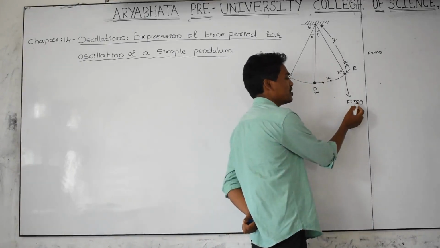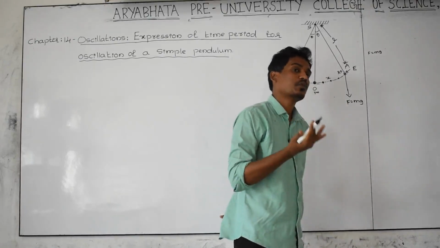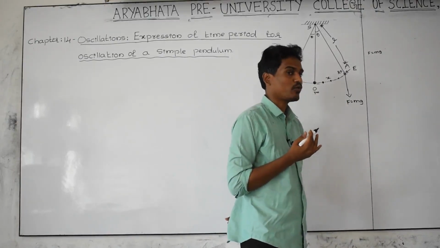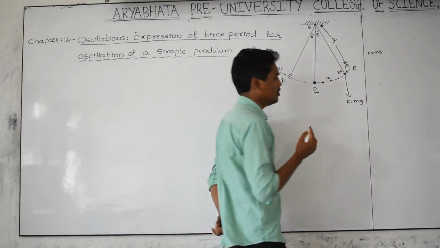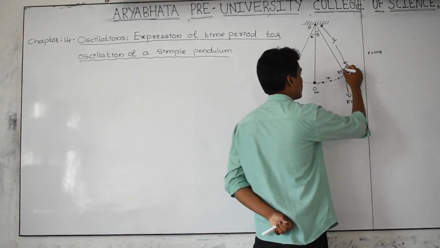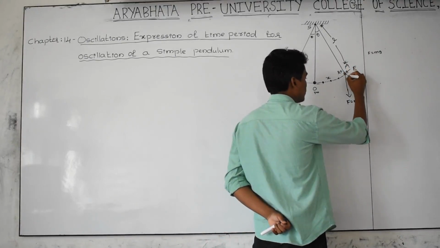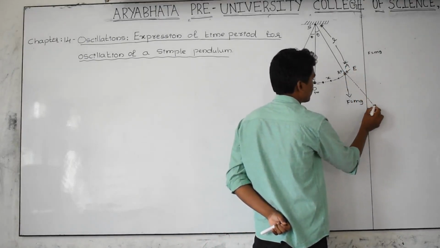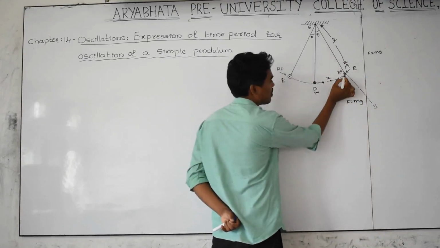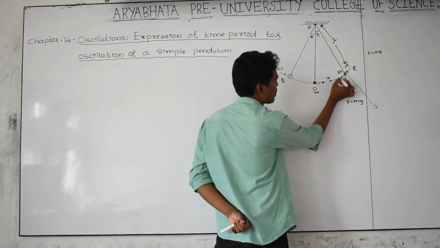F equal to mg, I will split it into two parts. We are going to call those components. One is along this direction, another one is along this direction.